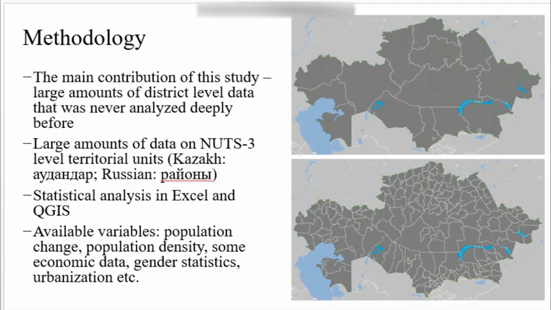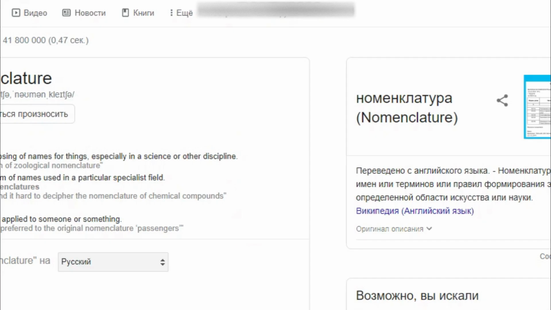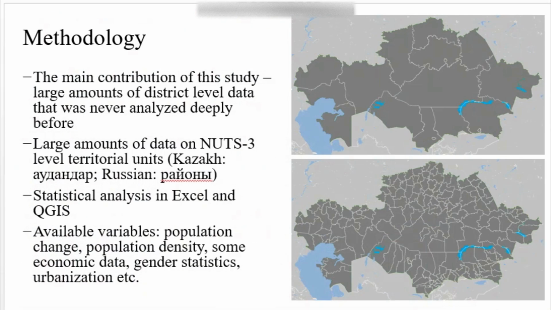So the main contribution of this paper is that this is the first research done for Kazakhstan based on NUTS-3 level of territorial disaggregation. NUTS stands for nomenclature of territorial units for statistics.